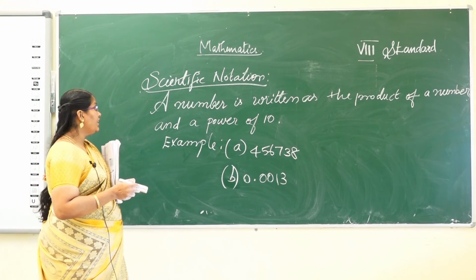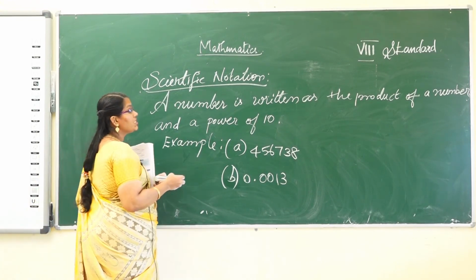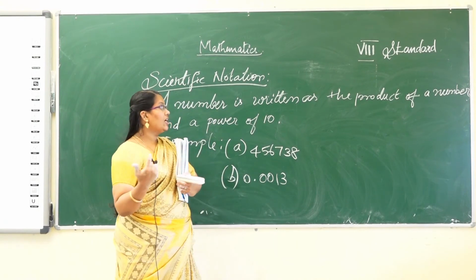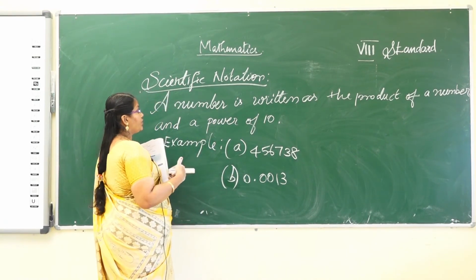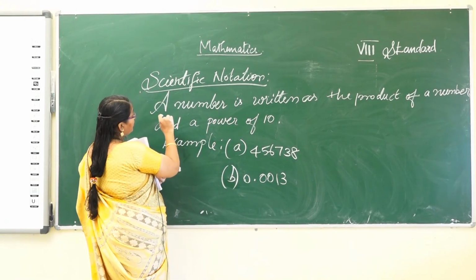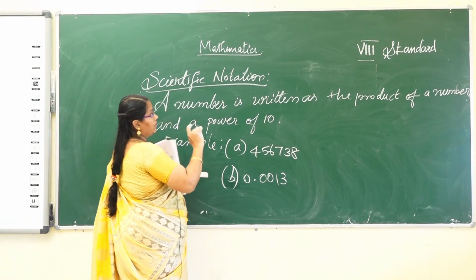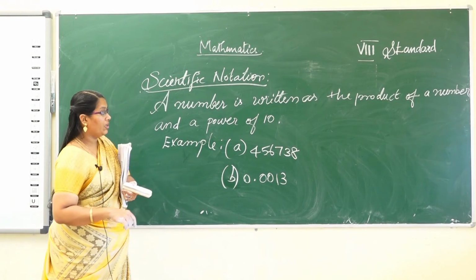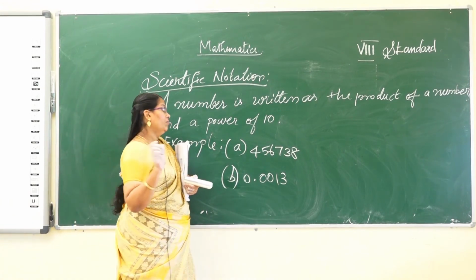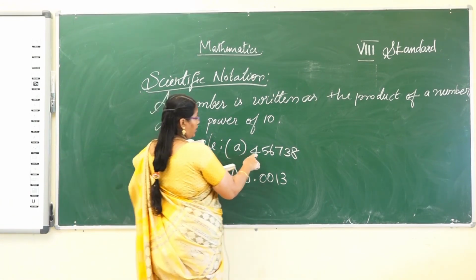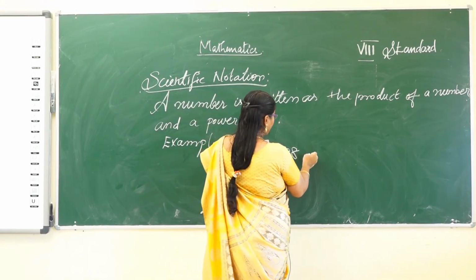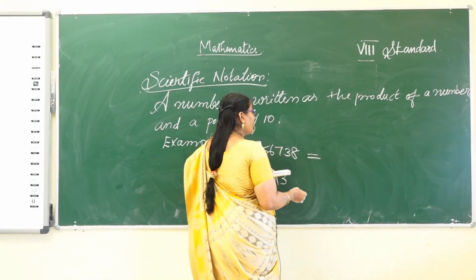Next concept, scientific notation. Scientific notation is used for very small values or very large values. How do you write this notation? A number is written as the product of a number and a power of 10. See the example here. 4,56,738 is given, so it can be written in scientific notation.